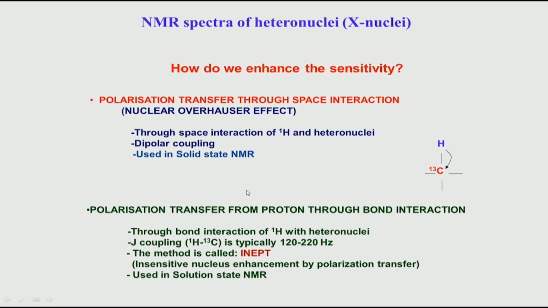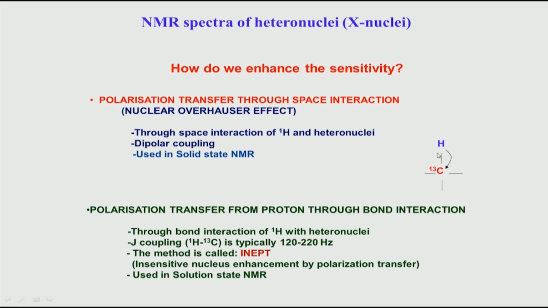But if you come to solution state NMR, the dipolar couplings which we saw are not a very strong mechanism to transfer energy. Therefore, we rely on a direct interaction through bond. You see this is a bond, about one bond here, and there is a J coupling between this hydrogen and this carbon, and that J coupling can be used for transferring polarization from hydrogen to carbon.